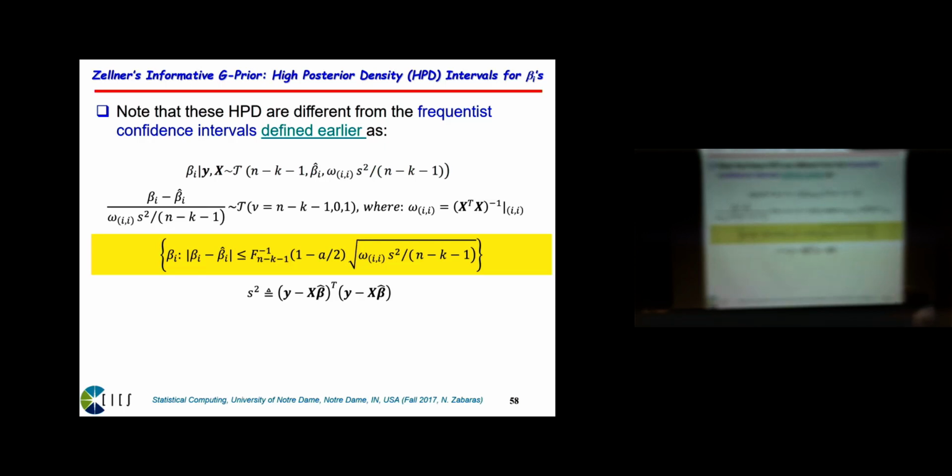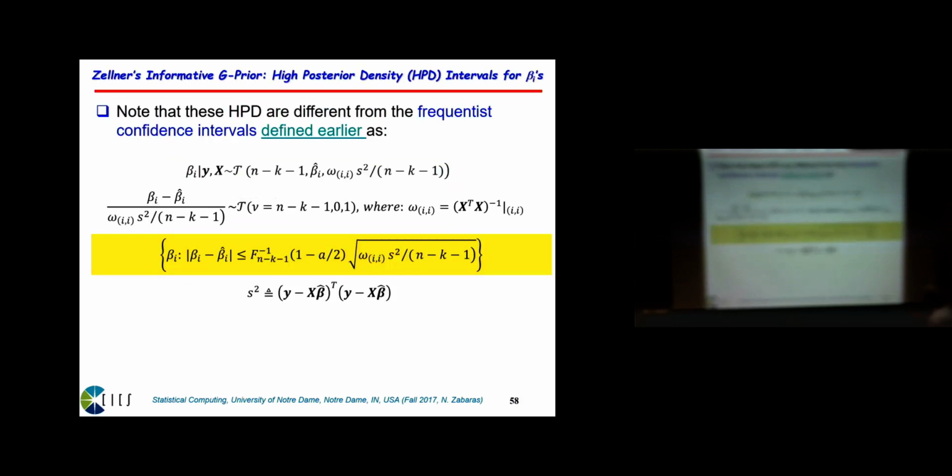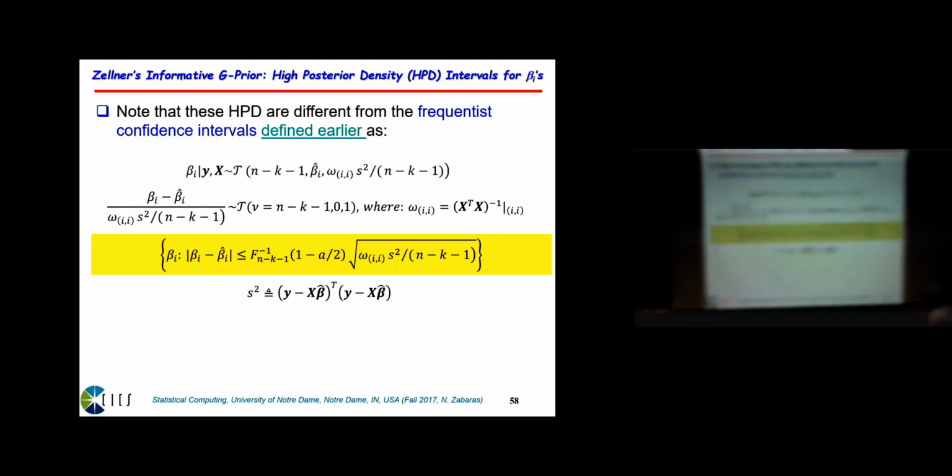If you compare the two slides, you will see they are not the same. Visually they look the same, but they are very different. And the interpretation is different, because this comes from the p-values world, while the other one comes from the definition of these highest probability density intervals.